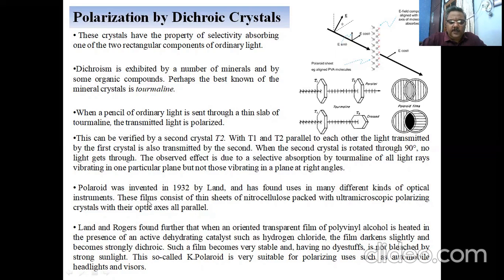This was invented in 1932 by Land and is used in many optical instruments, like thin sheets of nitrocellulose packed with ultramicroscopic polarizing crystals with their optic axes parallel. These are used in the polarized glasses that you wear and different kinds of gadgets.